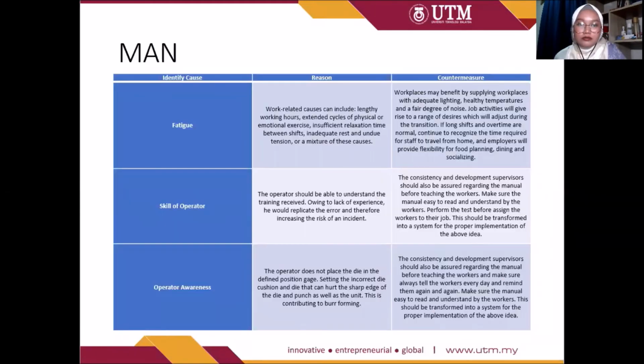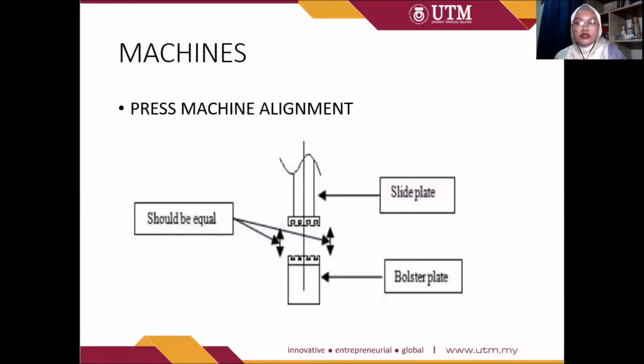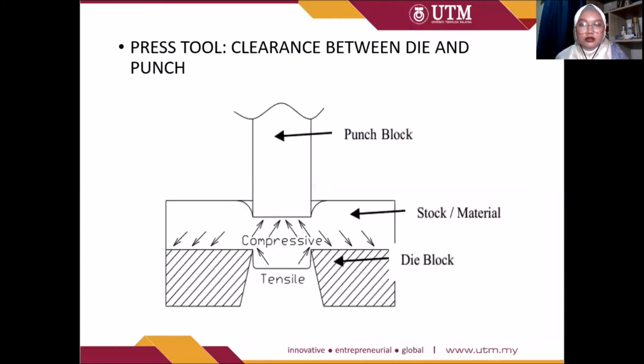The first, for the machine, the scratch start is because of machine alignment, which should be equal, as expected. Both surfaces should be equal, so there will be no scratch start in the upper or lower die, and the press clearance between die and punch.